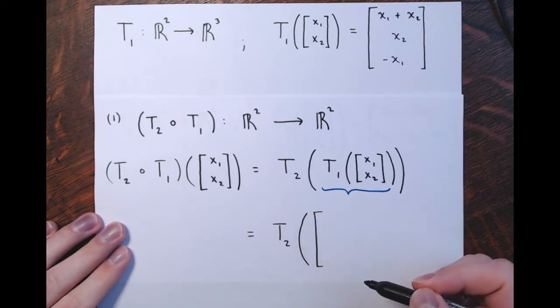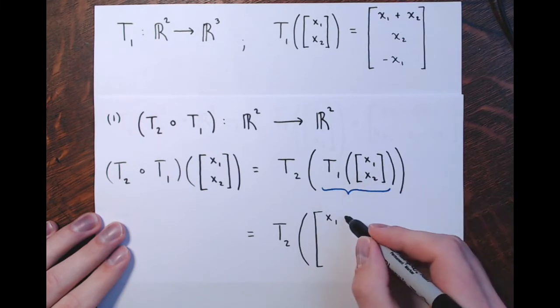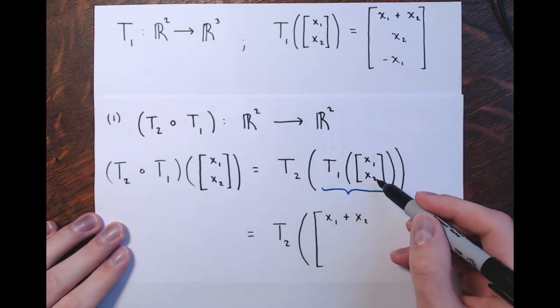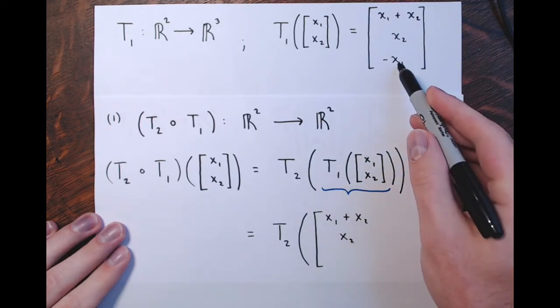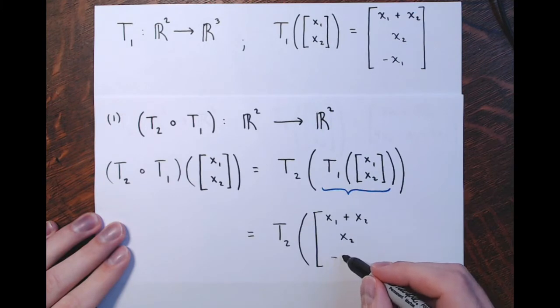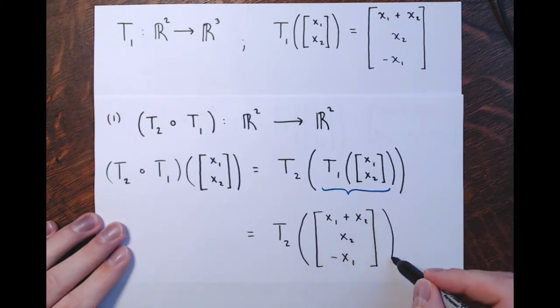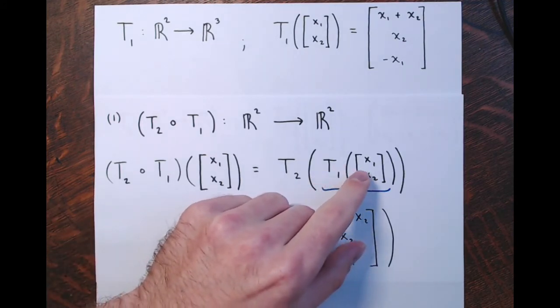It's a vector with 3 components, where the first component is the sum of these two. The second component of the output is the same as the second component of the input. And the third component of the output is the opposite of the first component of the input. Right. So I've applied T1 to the input vector.